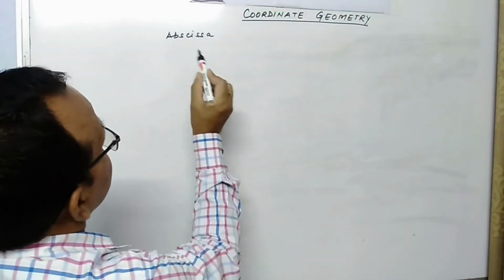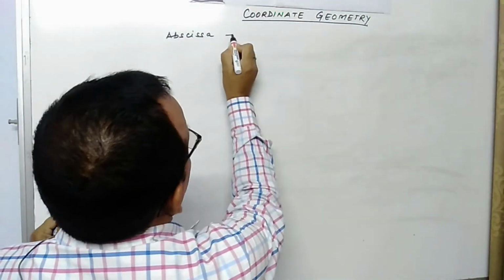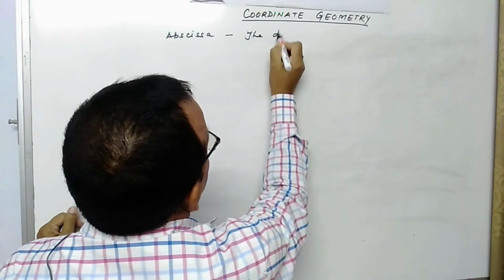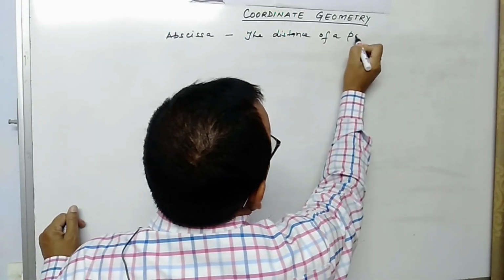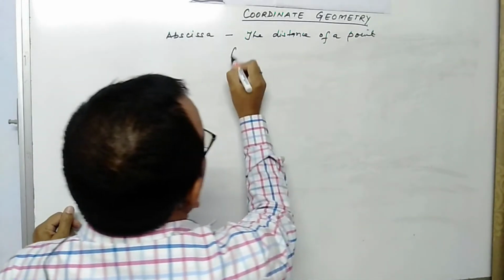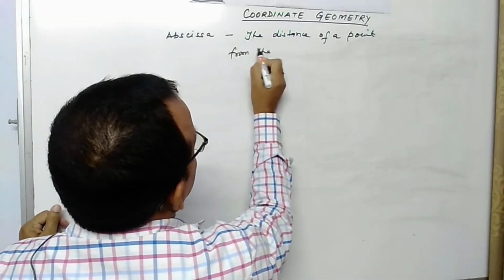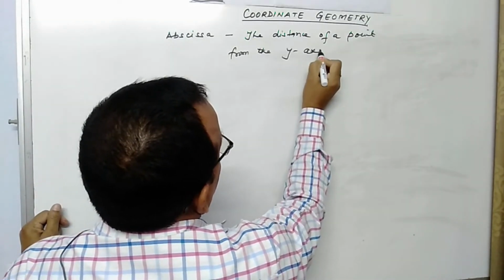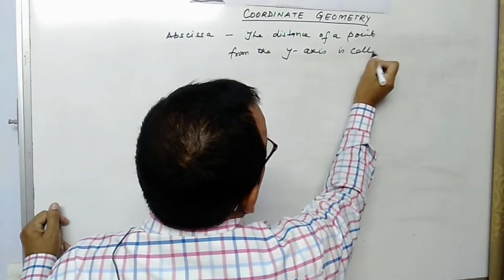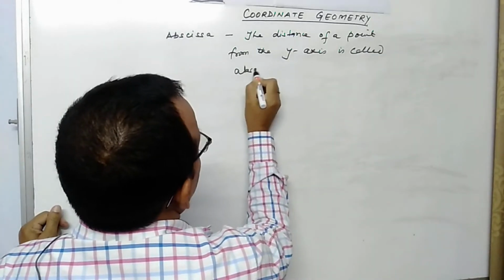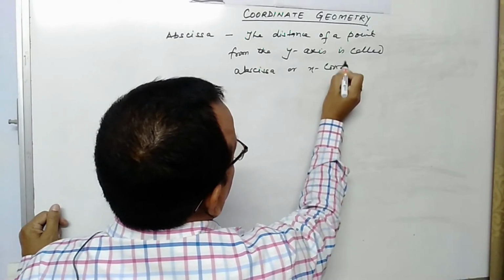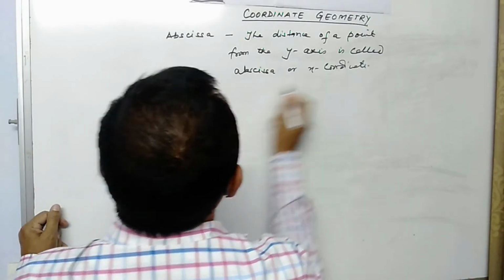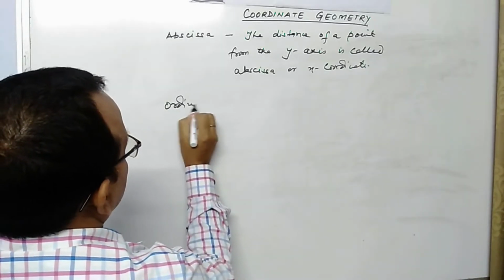Next point is abscissa. The distance of a point from the y-axis is called abscissa or x-coordinate, and ordinate.